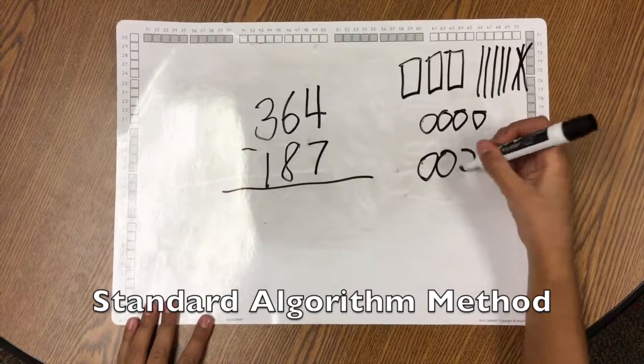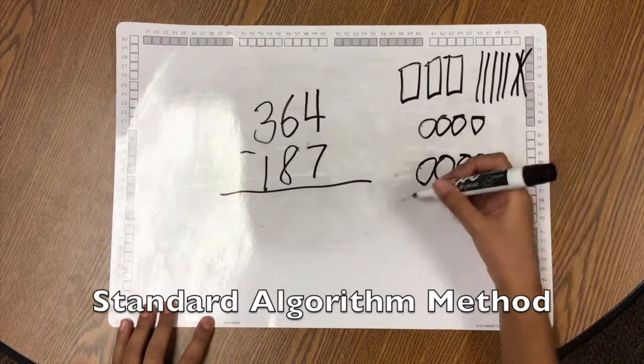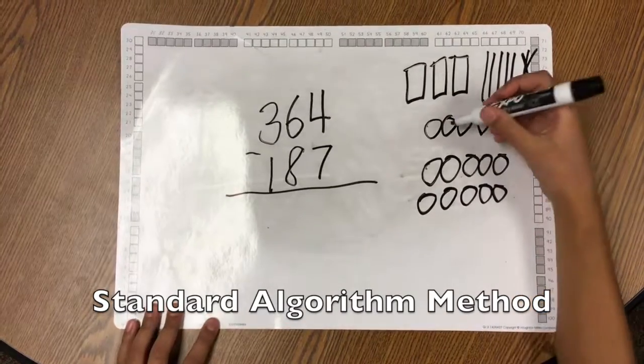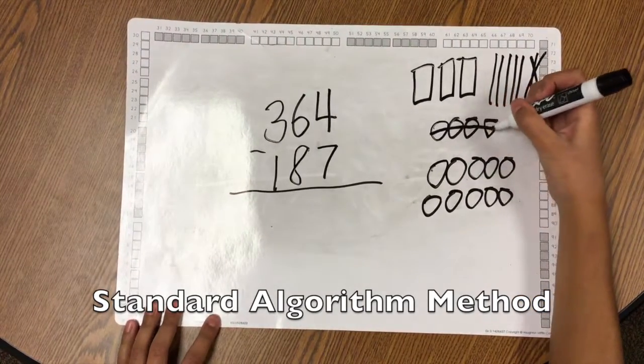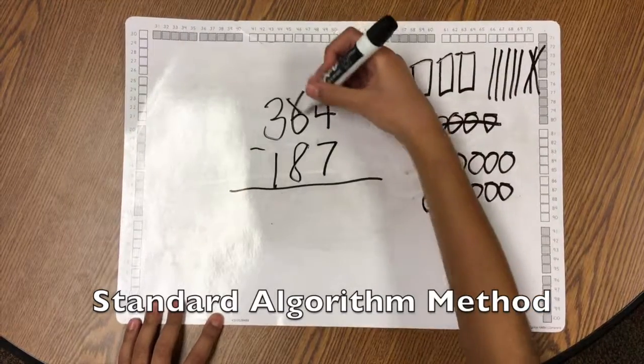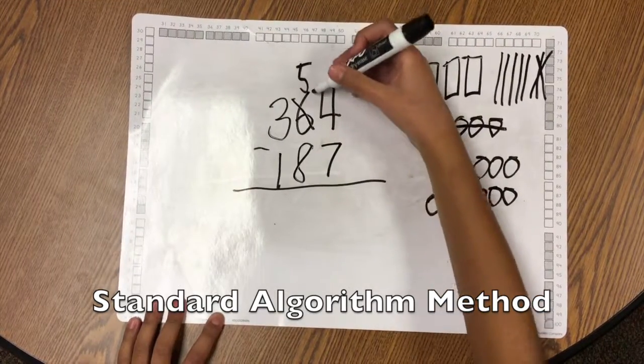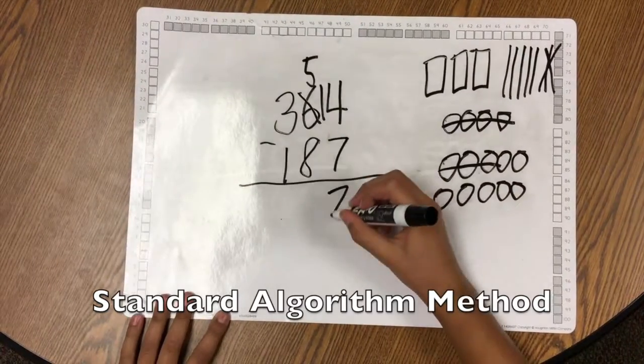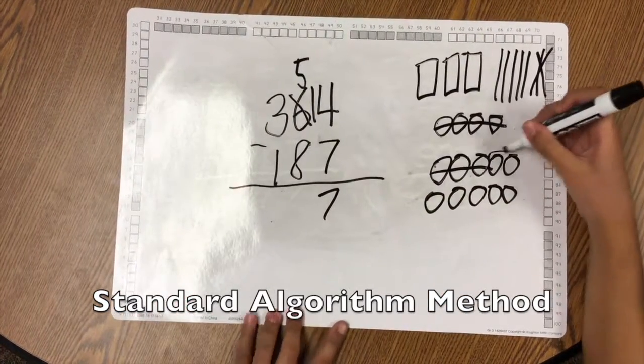Trade 10 for 10 ones. I'm gonna do 14 minus 7, which equals 7.